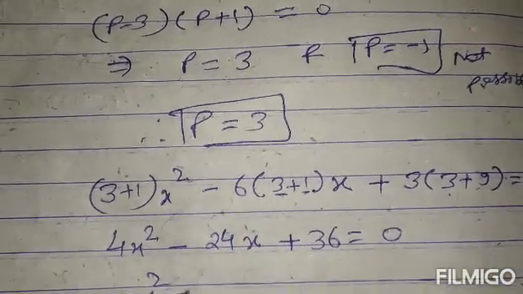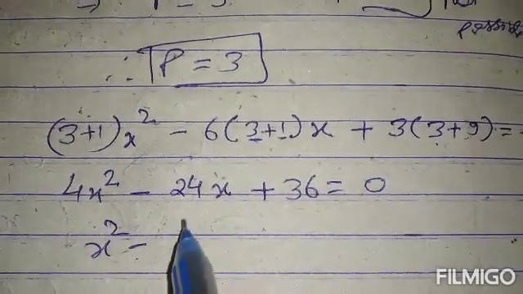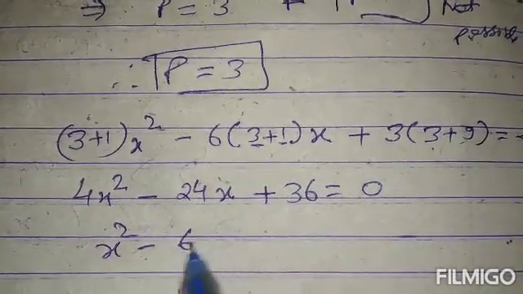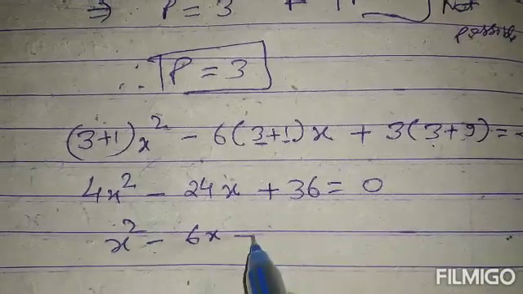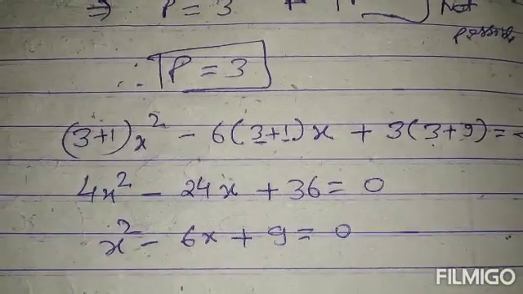Therefore x square minus 6x plus 9 equals 0.